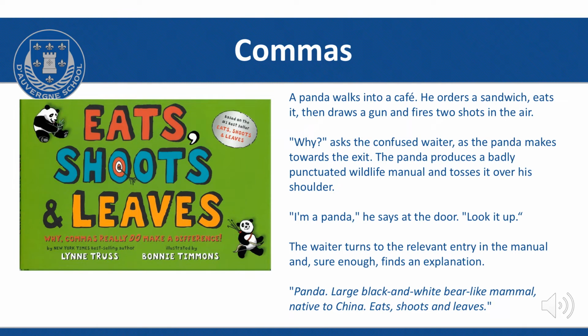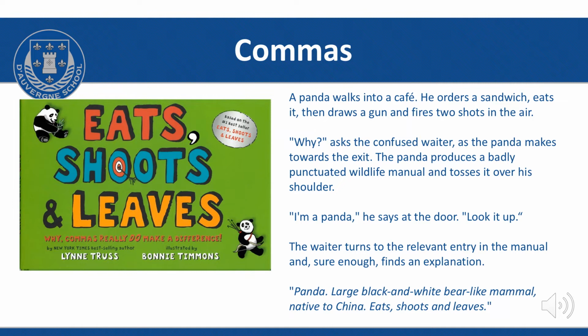Here is another example from a book titled Eats, Shoots and Leaves, showing just how important commas are to avoid ambiguity. So it says, a panda walks into a cafe. He orders a sandwich, eats it, then draws a gun and fires 2 shots in the air.